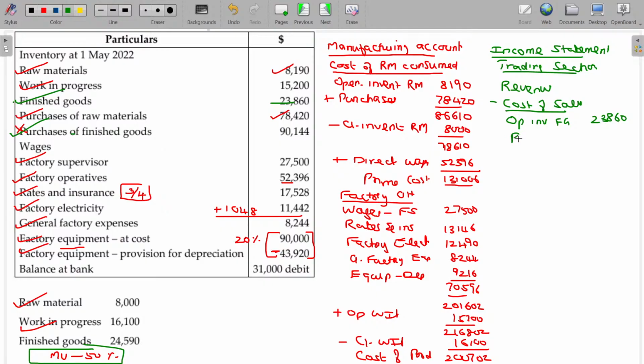Purchases of finished goods 9144, and items manufactured in the factory also be transferred. Cost of production, this will be 2,702.